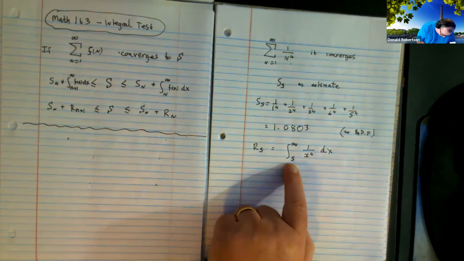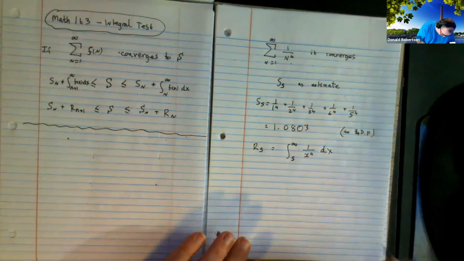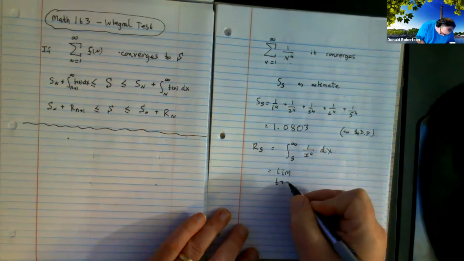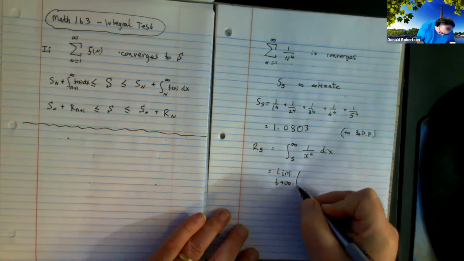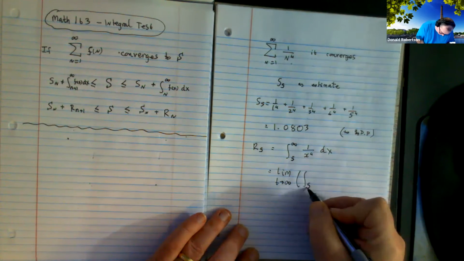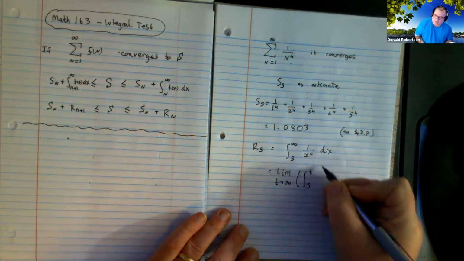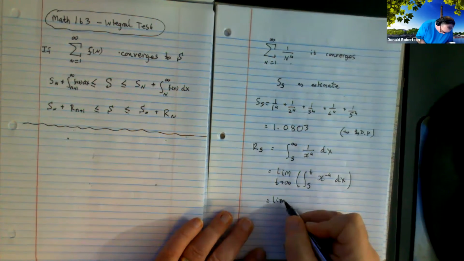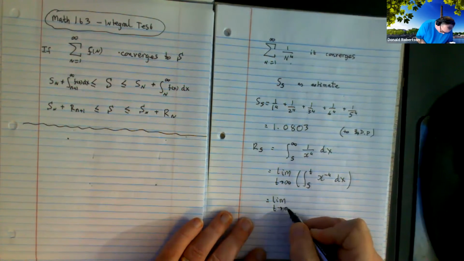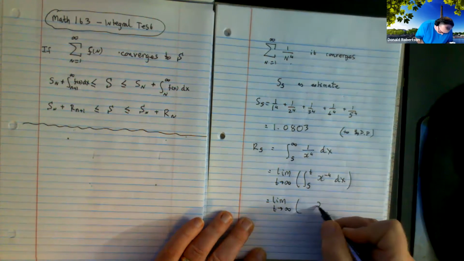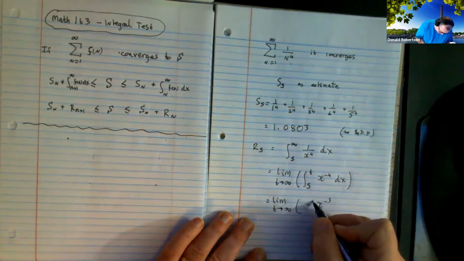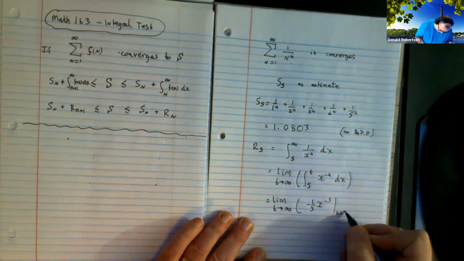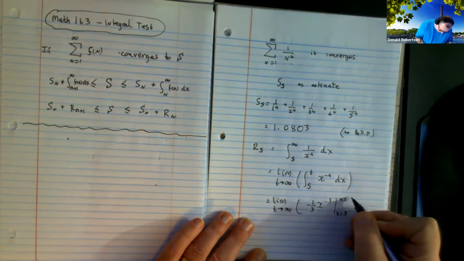And that means we're going to have to do a fair amount of work. Just like this. I'm going to call that guy x to the negative 4. Then it's going to turn into: add 1 to the power and then divide by the new power, evaluated from 5 to t.